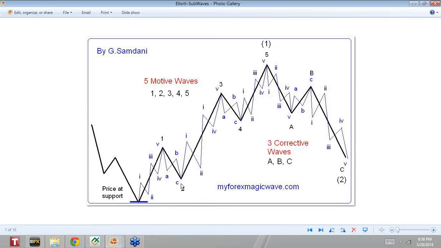Okay, so this is how it is. Then again you have the wave 3, but you have small waves in it, 1, 2, 3, 4, 5. So these small subwaves, let's say they are on a 15-minute chart, then this 4-hour chart is making wave 1, 2, 3, 4, and then once all these 5 waves complete, this is wave 1 on a daily or a weekly chart.